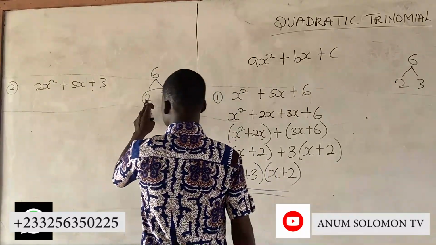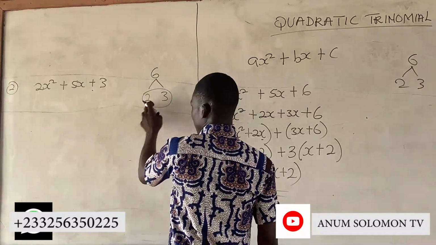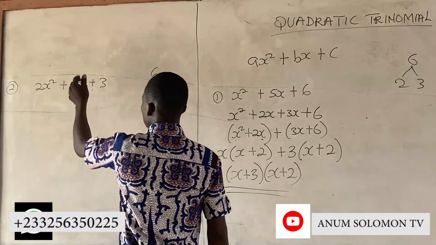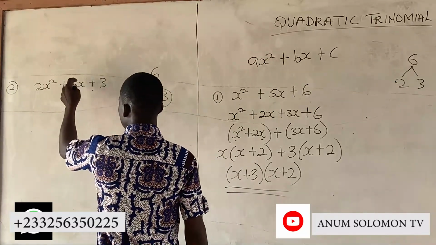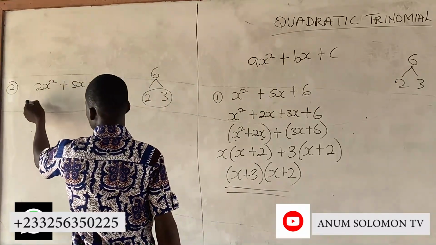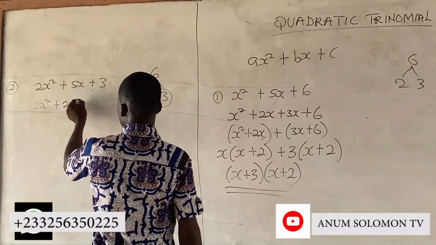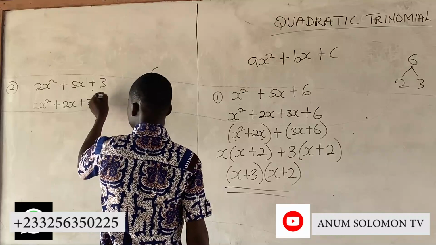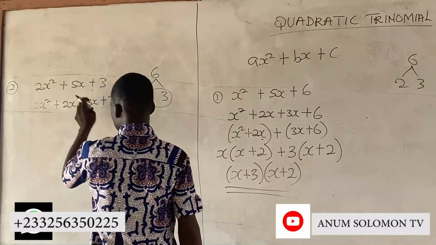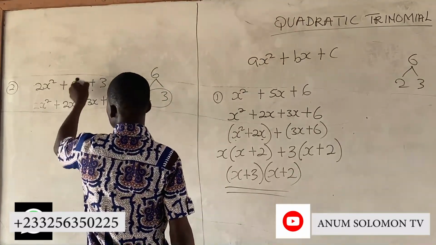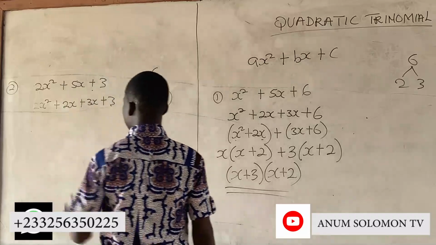We have to write these two factors to replace the 5. We have 2x squared plus 2x plus 3x plus 3. So these 2x and 3x are replacing the 5x.